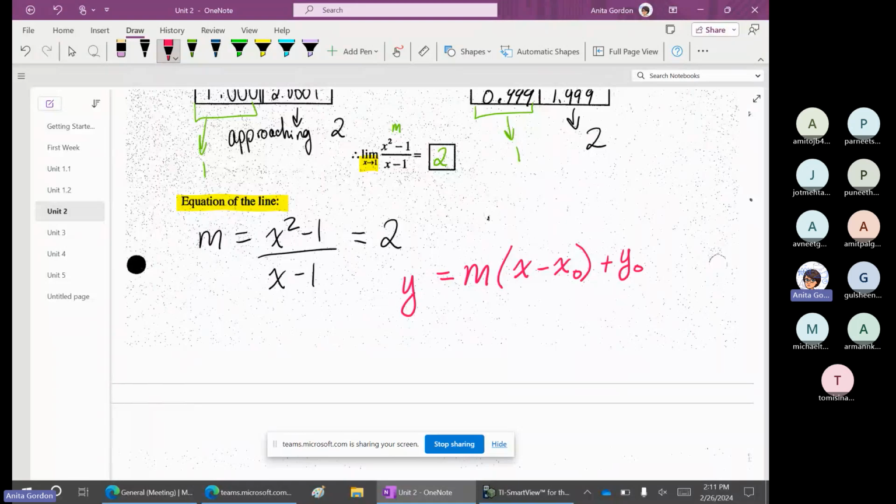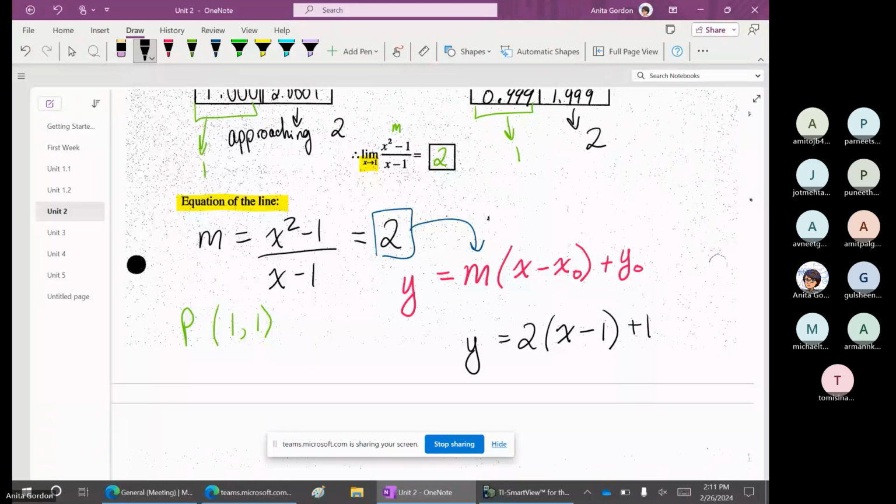This is from the previous page. So our slope we put in here, and our key point P was 1, 1. So the equation of the tangent line is going to be 2 times x minus the original point plus 1.